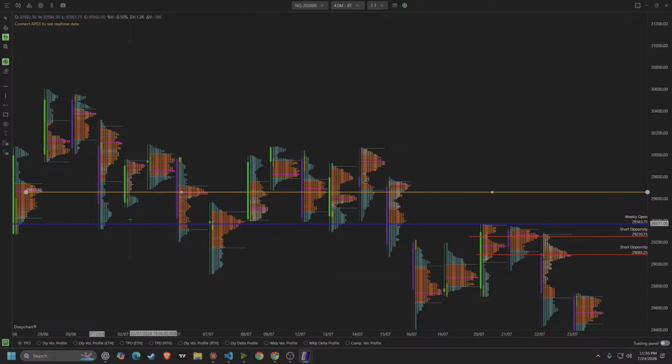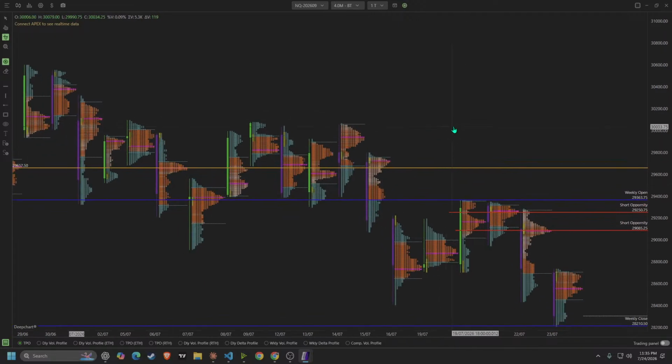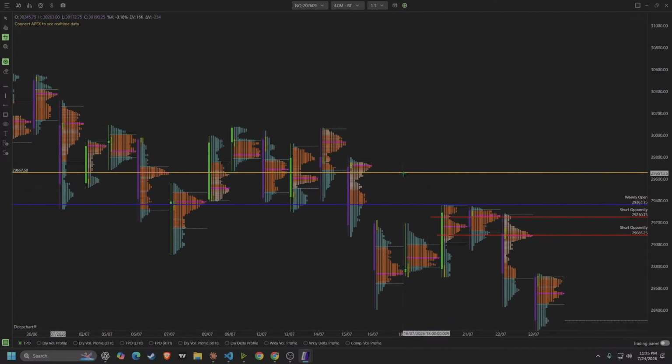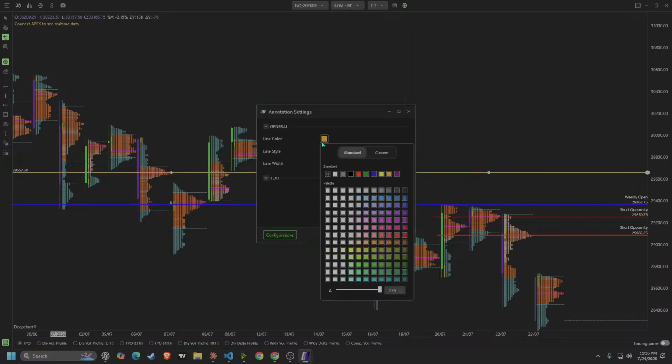That's a point of control, point of control, point of control, a little lower, came back up a little higher, back to it, a little bit lower, a little bit higher, up, down, and then we broke it. So we're going to call this the level where previous value was to the upside.